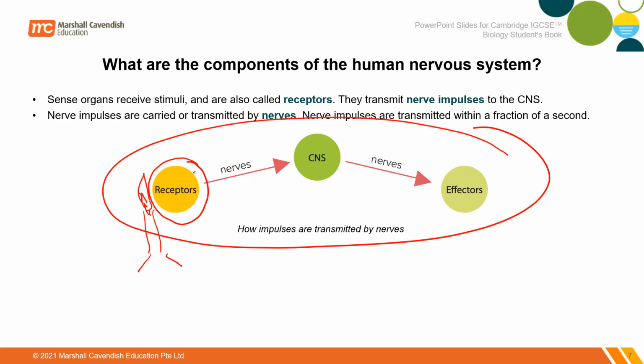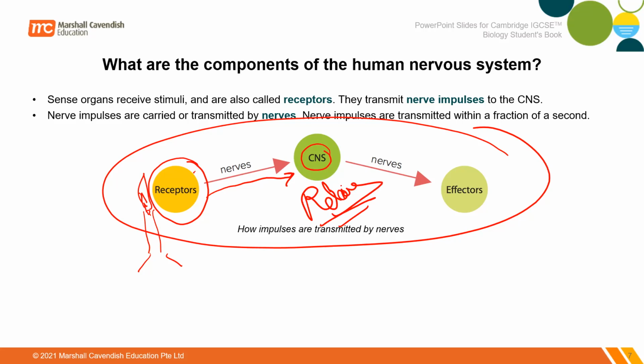A message will be transmitted through the sensory neuron and reach the central nervous system. Here, you have to mention that the central nervous system regulates and coordinates the function by a specific type of neuron called the relay neuron.